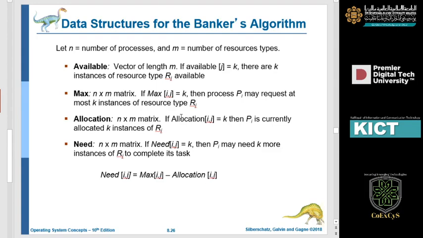Now, the data structures for the banker's algorithm. Again, we mentioned the number of processes and the number of resources, so this is n. We assume that there are n processes and m resources. So we keep track of what's available, what's the maximum, what has been allocated, and how many more are needed.